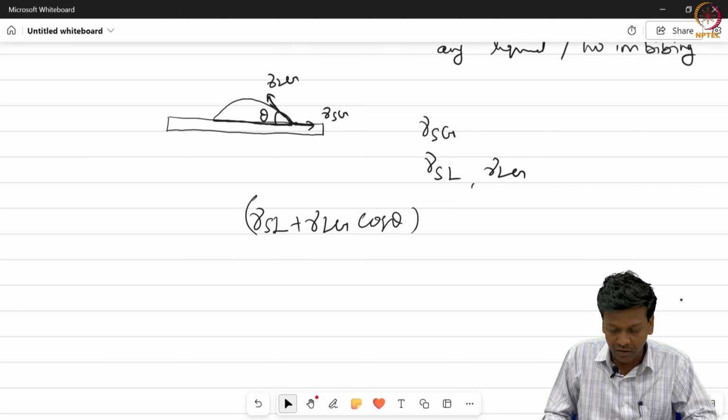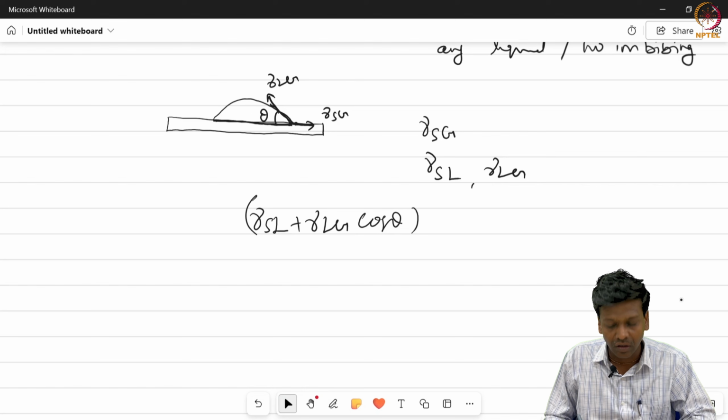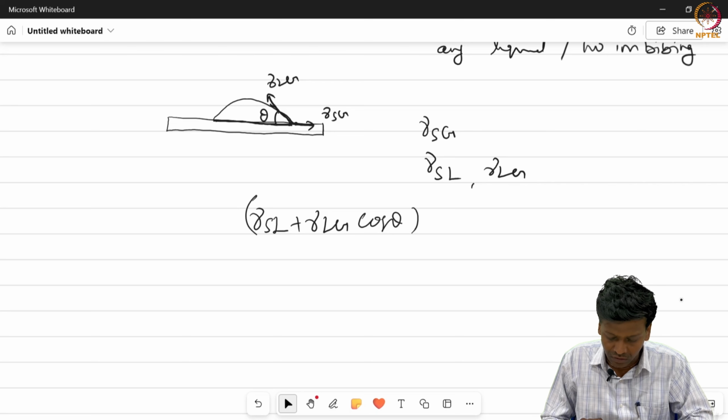On the other hand, gamma SG will try to oppose the spreading, because this won't expose maximum area to the gas, but when you try to spread the liquid, this particular force will try to oppose it. That's why there are two competitive forces in this case, two counteracting forces.